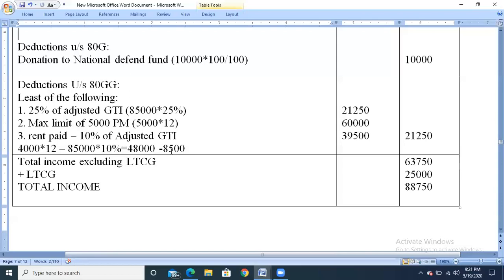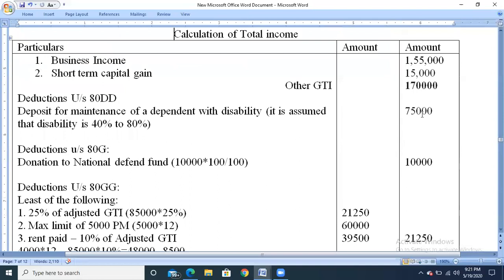So 48,000 minus 8,500 gives the balance 39,500. Here we need to take the least of the following, the lesser amount. The lesser value is 21,250.